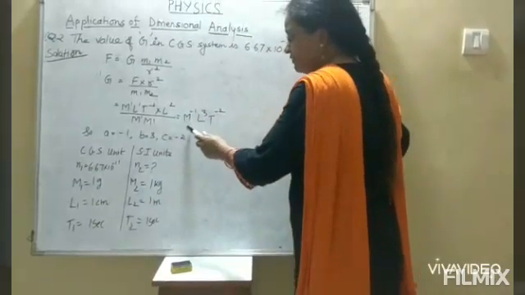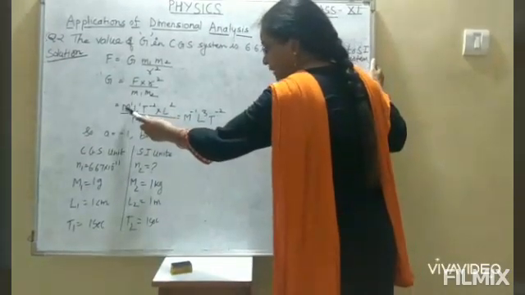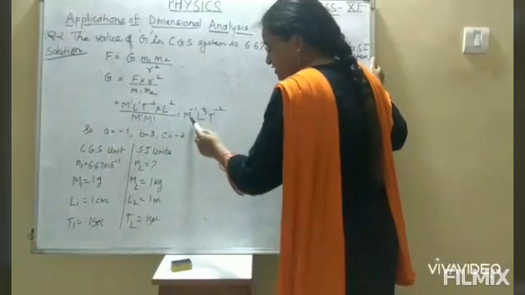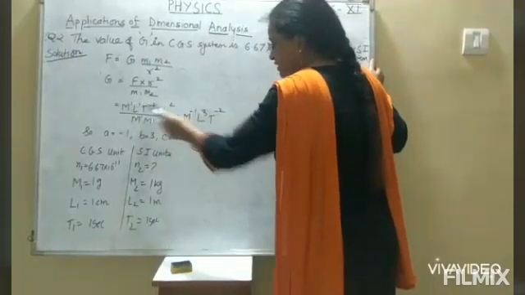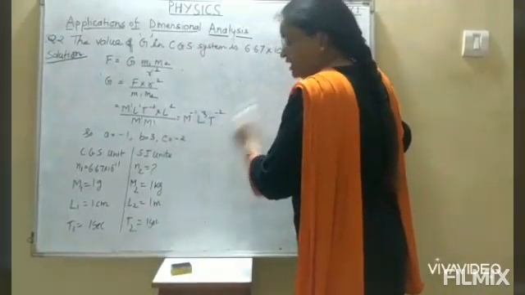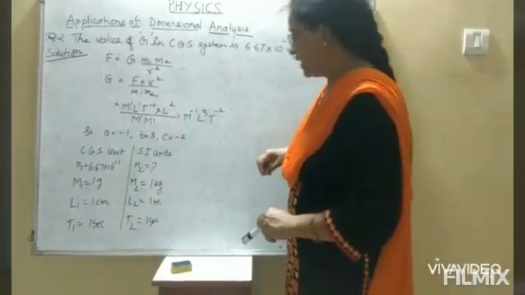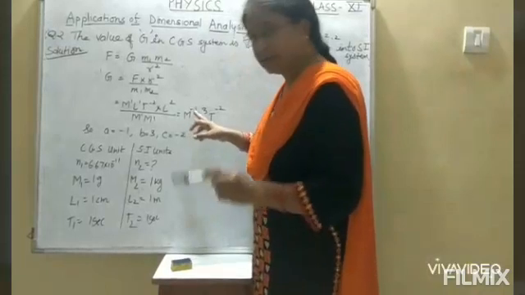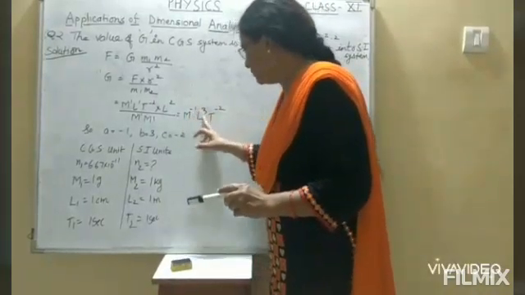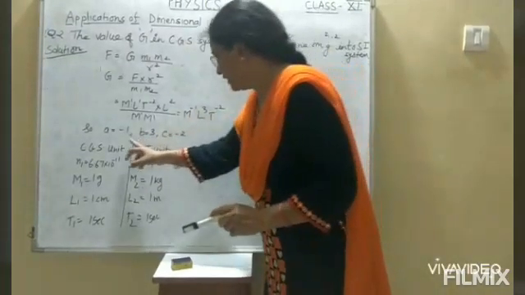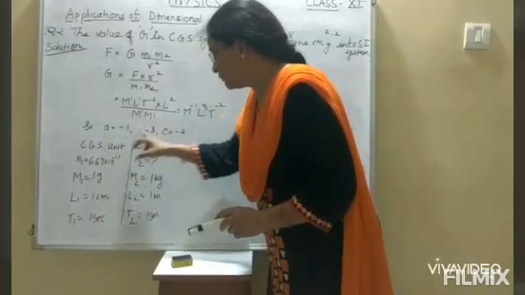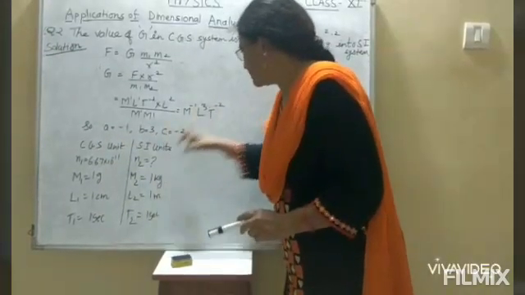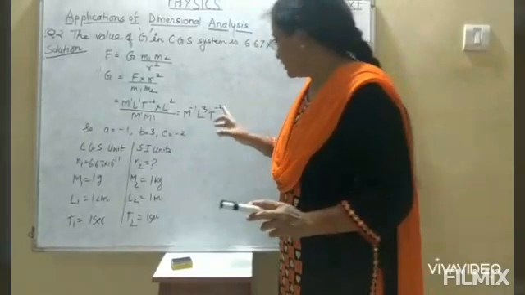By simplifying we get M^-1 L^(2+1), that is L^3, into T^-2. On comparing the indices of the dimensional formula, we get a is equal to minus 1, b is equal to 3 and c is equal to minus 2.